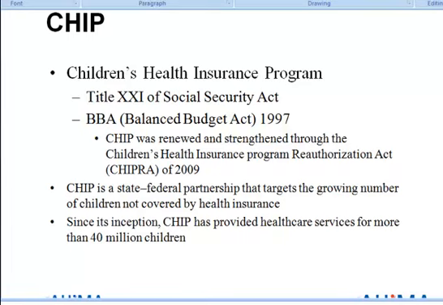Since it was created, CHIP has provided services for more than 40 million children, so a very, very important program. It's designed to provide insurance for children of families whose income is too high to qualify for Medicaid, but too low to be able to afford the premiums and costs associated with private health plans.